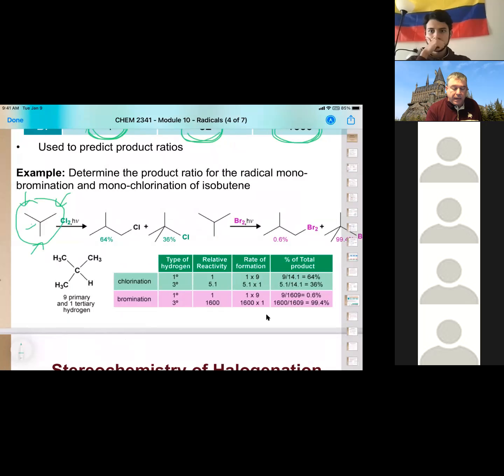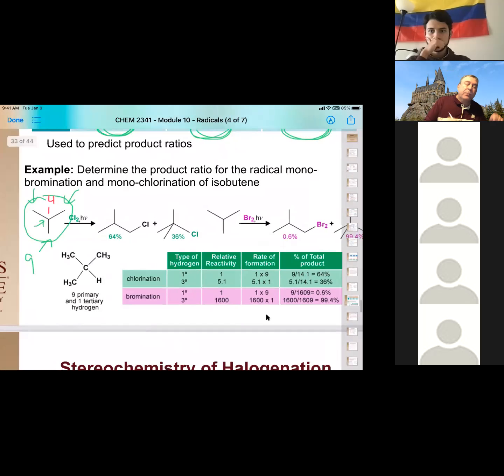We have a total of 9 primary hydrogens, and 1 tertiary hydrogen. Okay, so the selectivity difference between a primary and a tertiary for chlorine is 1 to 5. Okay, but we have 9 times more primaries. Okay, so we have to take that into account.